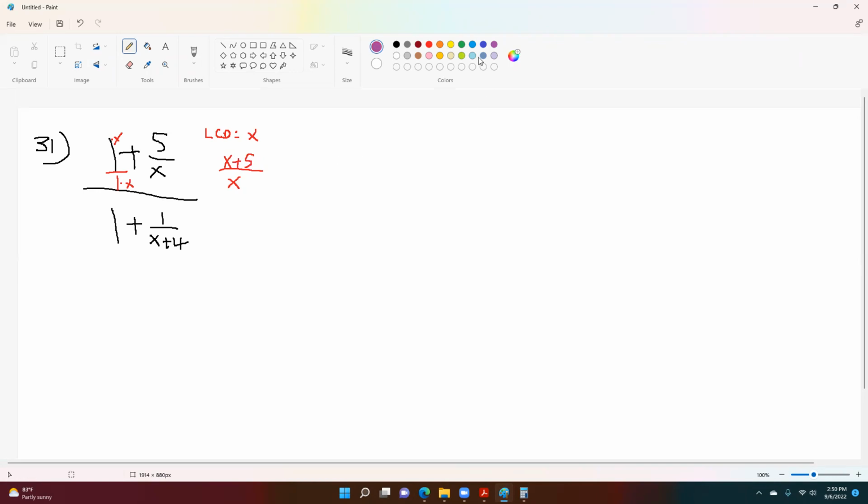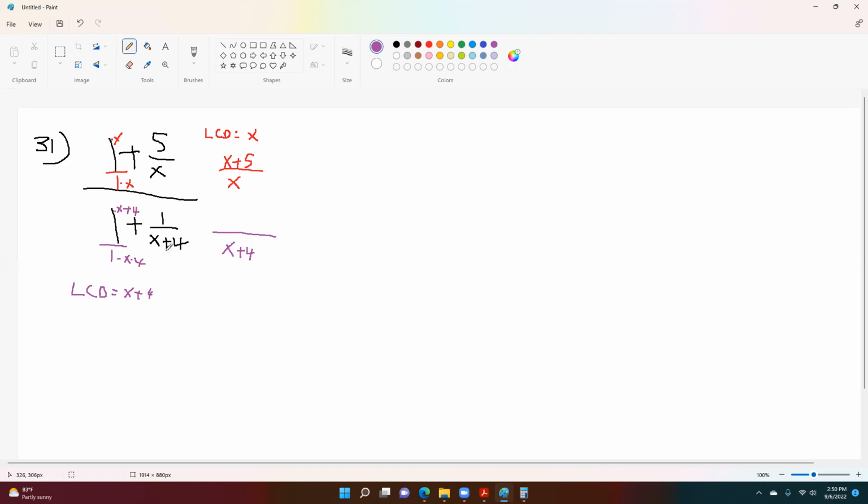You do the same thing in the denominator. This is also over 1. So what is the LCD in your denominator? x plus 4. x plus 4, yeah. So this will be x plus 4. So you need to multiply x plus 4 here to make it the same as the denominator.